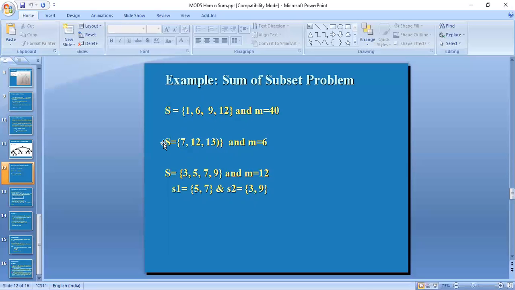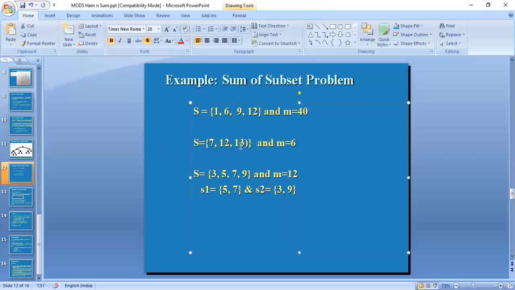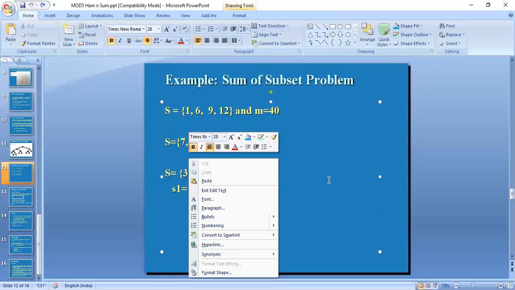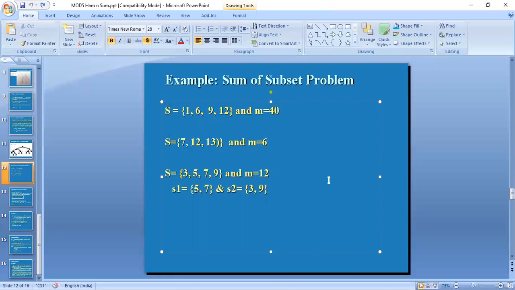Similarly, we come to the second one. What is the second one? You have the values 7, 12, 13, and the m value is 6.